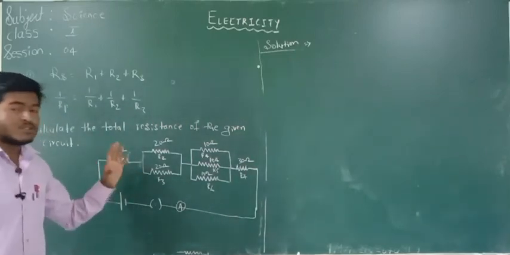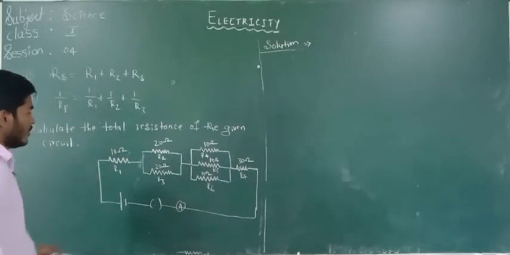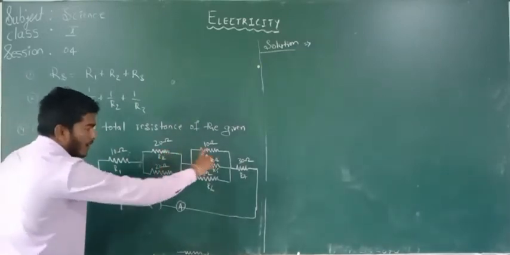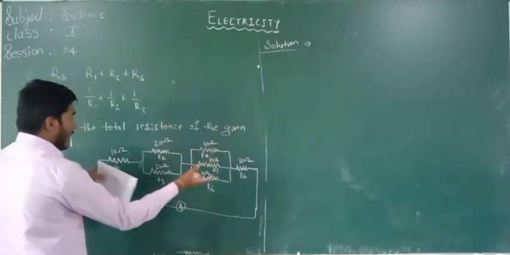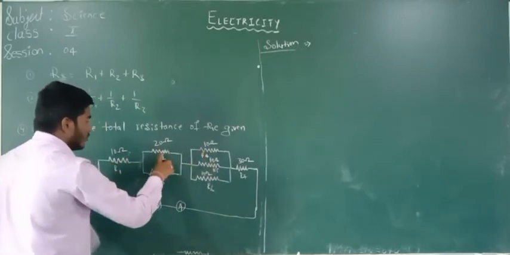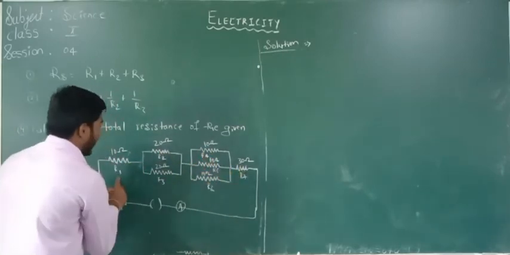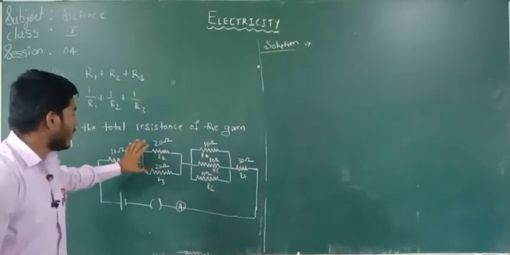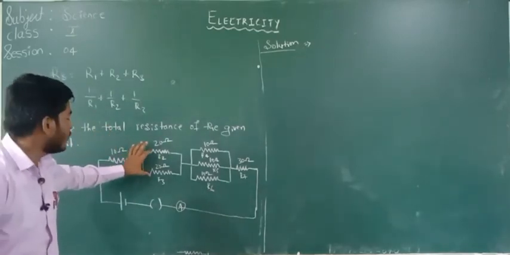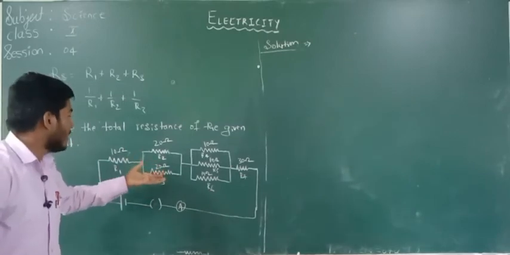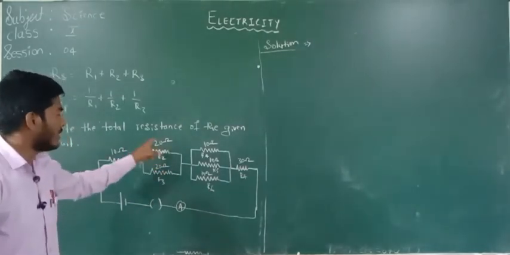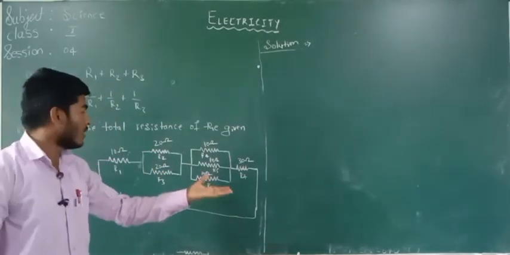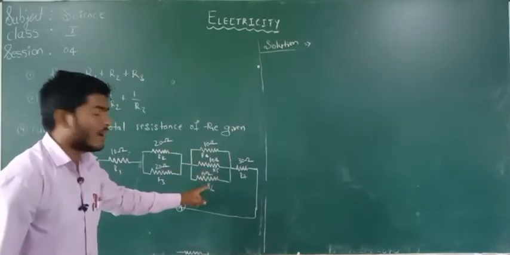When you are going to see the circuit, these two are in parallel and these three are in parallel, and these 3 and these 2 are in series connection with R1 and R7. So first we have to calculate the parallel resistance of R2 and R3, and we have to replace this R2 and R3 by the equivalent resistance, and next we are going to calculate the parallel resistance of R4, R5 and R6.